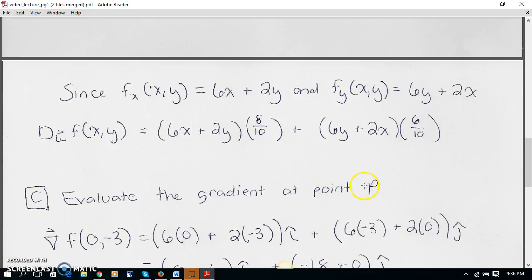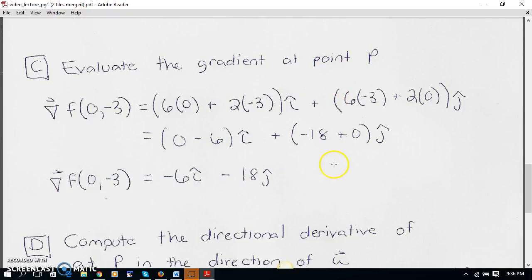Like the gradient we found, this is a general equation for our function in a particular direction. The exact value of the slope will vary based on the point on the surface we select. This leads us to questions C and D, which ask us to evaluate and compute the gradient and directional derivative at the point (0, -3).